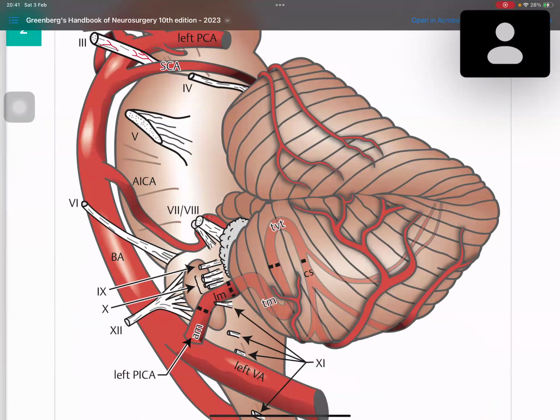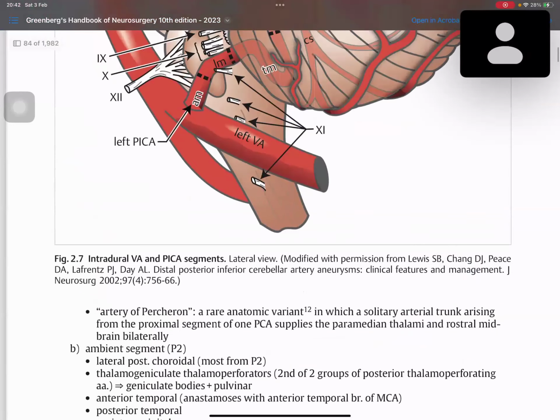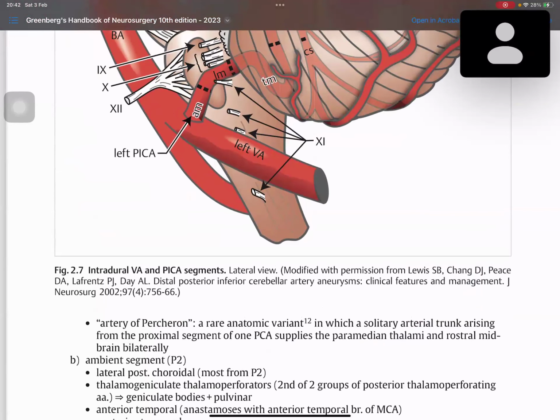So non-pupil sparing is when the compression is from without, and pupil sparing, please correct me if I'm wrong, but I think that's how it is. If the motor fibers are peripherally arranged, it means that when the compression is from outside, it affects them, so it gives a non-pupil sparing type. But when it's a vascular injury to the vasa nervorum, which will result more in central injury and then subsequent peripheral affectation, it would be more of a pupil sparing type. I don't know if I'm right, but someone can correct me. Thank you.